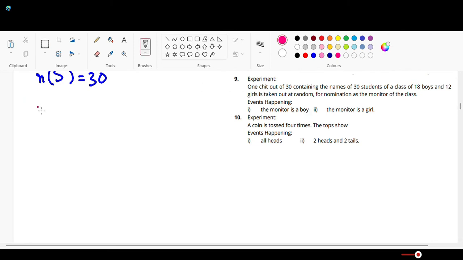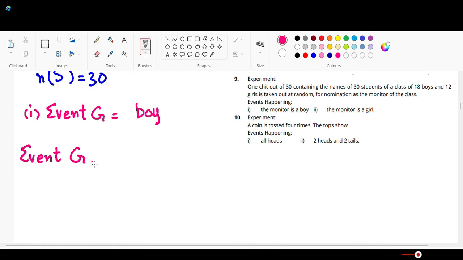So we're going to name it event G is equal to boy. How many boys are there? There are 18 boys. So event G will contain all 18 of them: event G is equal to B1, B2, B3, all the way to B18.